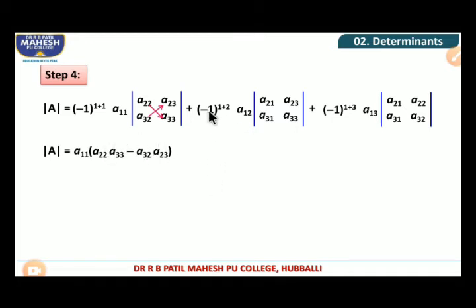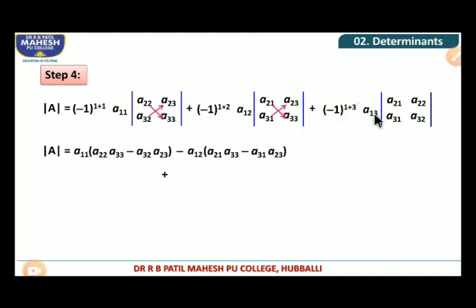Next, plus, (-1) to the power 1 plus 2 is -1. Therefore it becomes minus A12 into the determinant, whose value we find by multiplying diagonal elements minus non-diagonal elements, right? So A21 into A33 minus A31 into A23. Plus, (-1) to the power 1 plus 3, where the power is even, therefore it becomes positive.